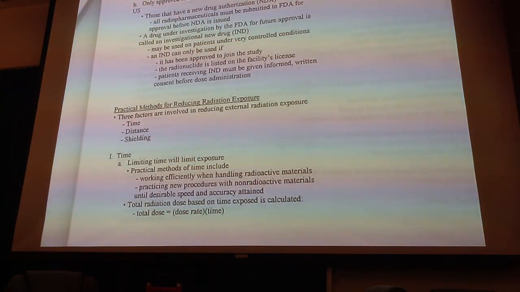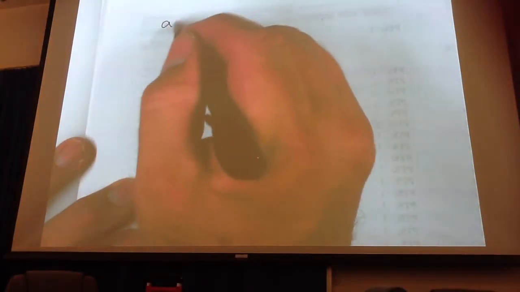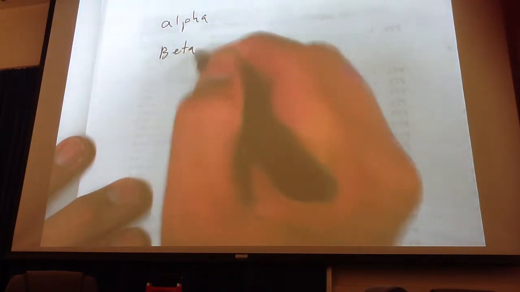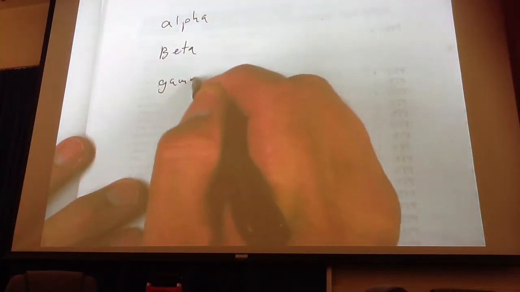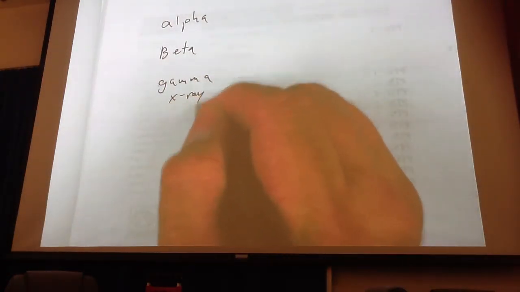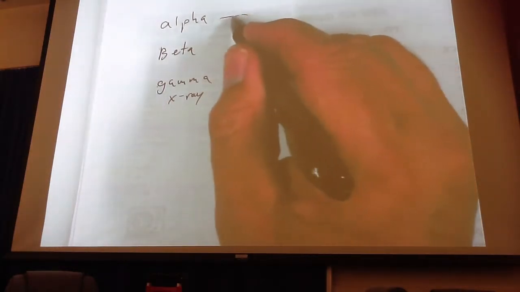Shielding. What do you guys remember about shielding? Okay. Well, we know that, first of all, we have to look at the type of radiation that we're dealing with. So alpha, beta, and gamma. Gamma and X-ray, yeah, so gamma and X-ray about the same thing, okay? Remember that alpha particles are stopped by a sheet of paper.